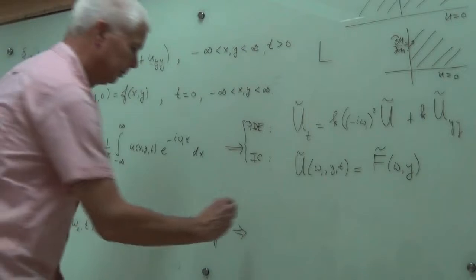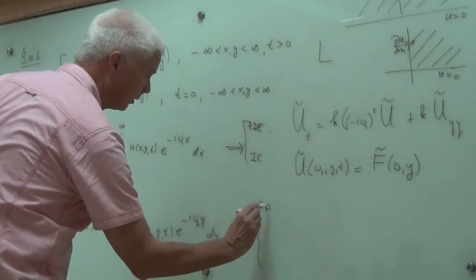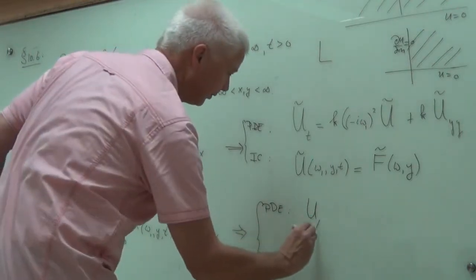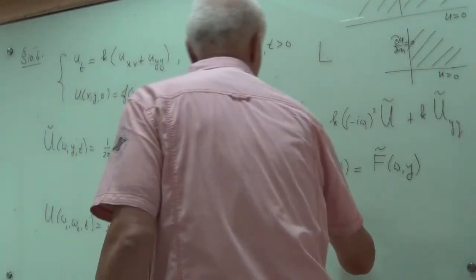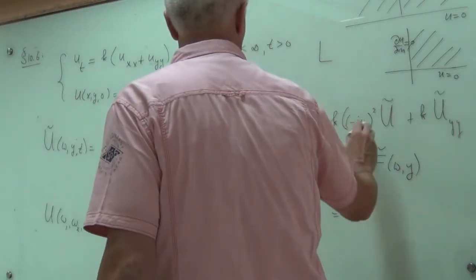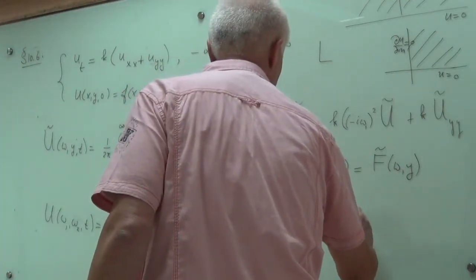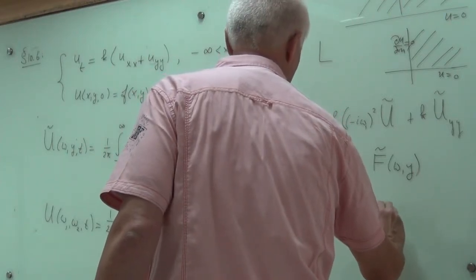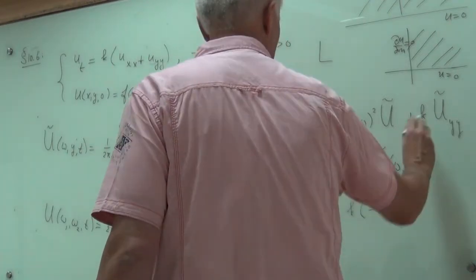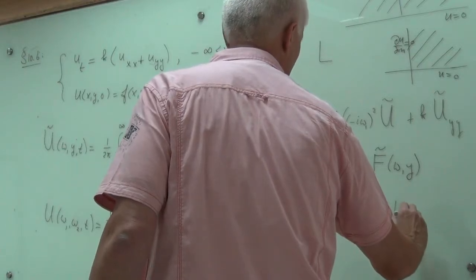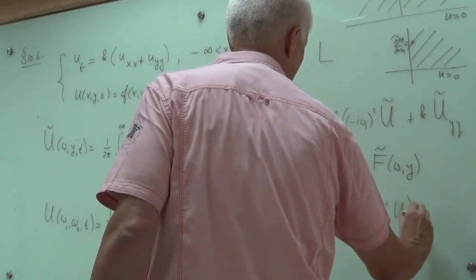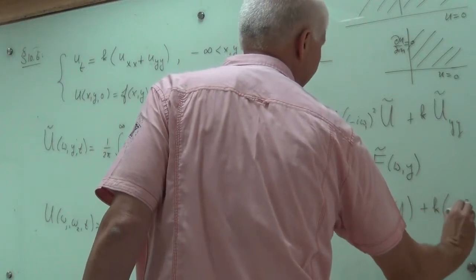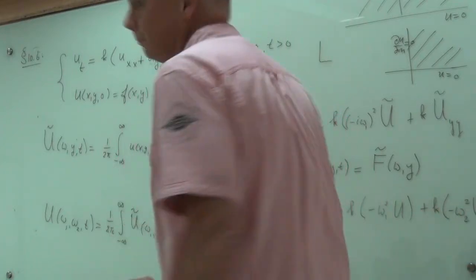Then this PDE becomes u_t is equal to, well, I can compute that, that's of course k times minus omega 1 squared u, and this becomes plus k times minus omega 2 squared u.